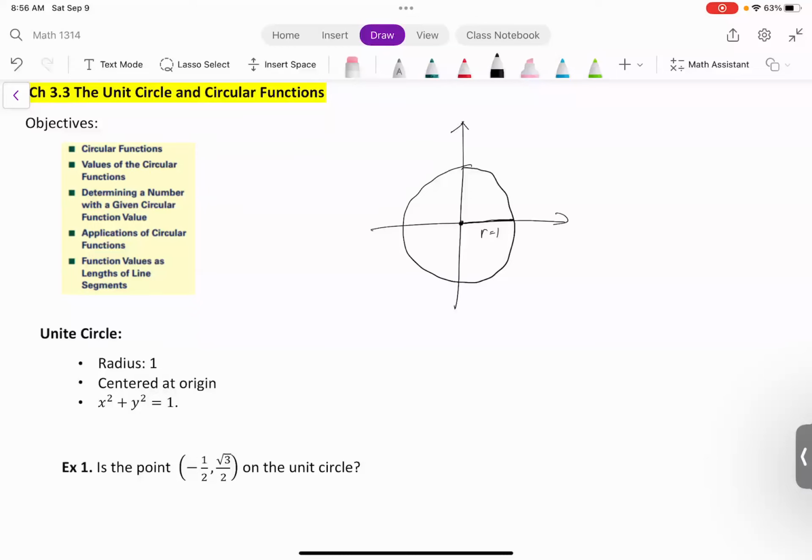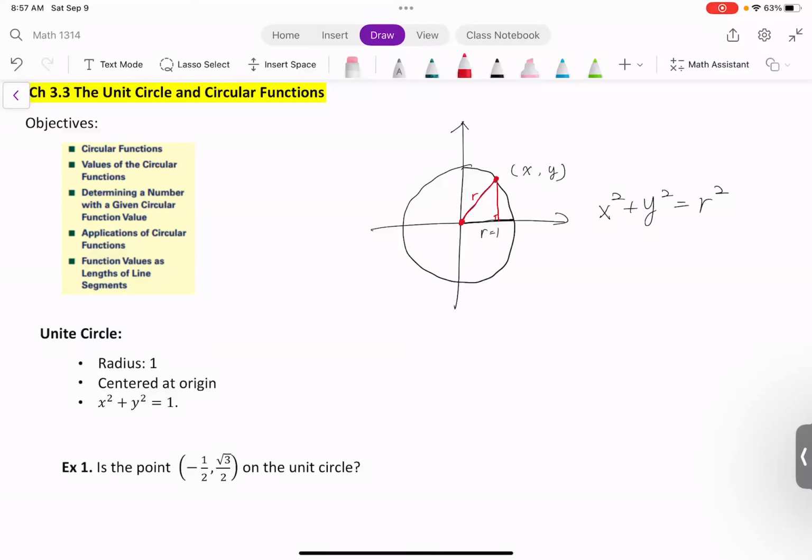It satisfies one condition: for example, any point x comma y on the unit circle satisfies x squared plus y squared equals r squared. Why? I can form a right triangle here. From the center to the point, that is r.